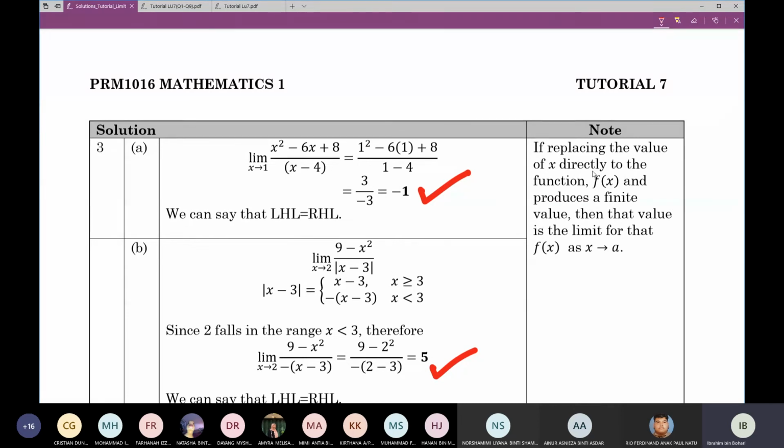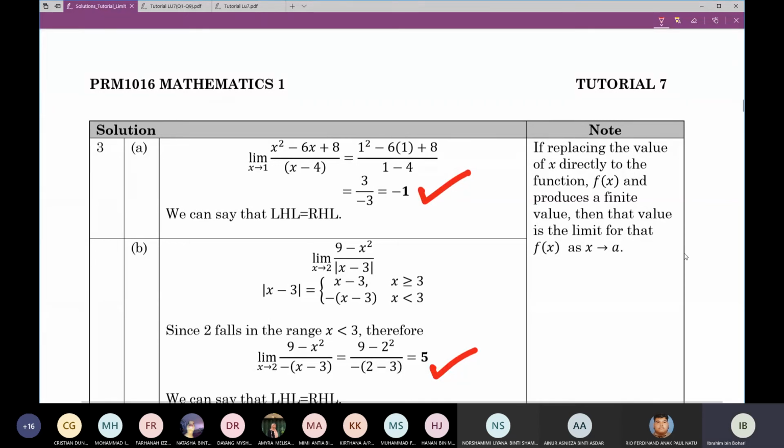Okay, ada soalan? Sebelum kita tamatkan session hari ini. Okay, macam tak ada soalan ya.